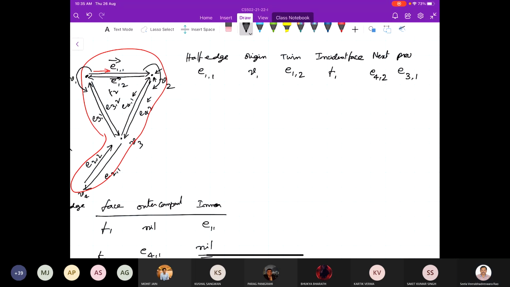One side F1 is there, other side F2 is there. If you traverse from origin to the destination of this edge, whichever face is on the left side, that is what we will store. F1 is the face on the left side, so we'll store this one.